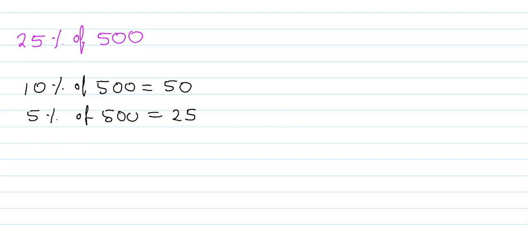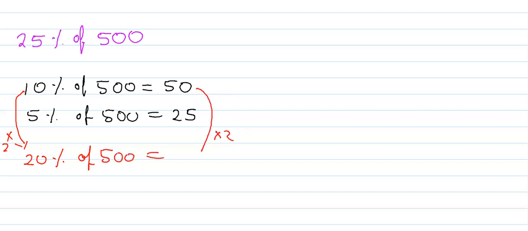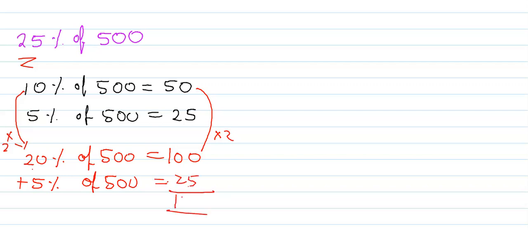Because it is 10 and you want to make it 20, you times by 2, so it will be 20% of 500. You times by 2 here as well, that is 100. We want 25%, so 20% plus 5%. Plus 5% of 500 is 25. If you add them, it will be 125.